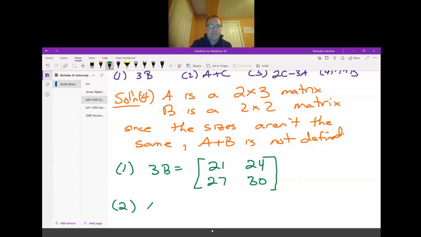All right, what about A plus C? They're both 2 by 3 matrices, so we can add them together. I lost it off the top of the screen there, so let me write them out. 4, 5, 6.